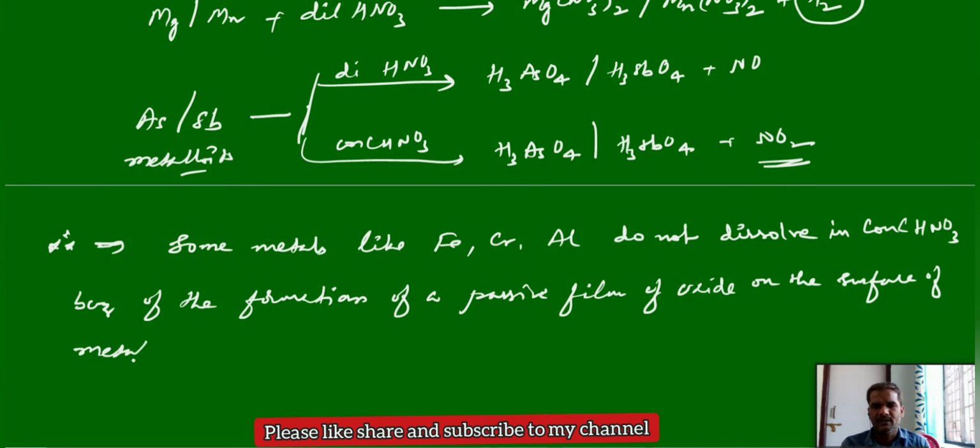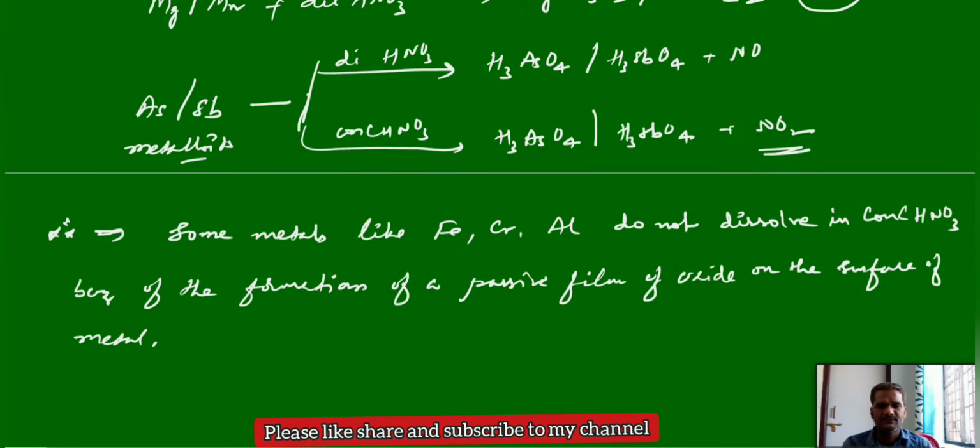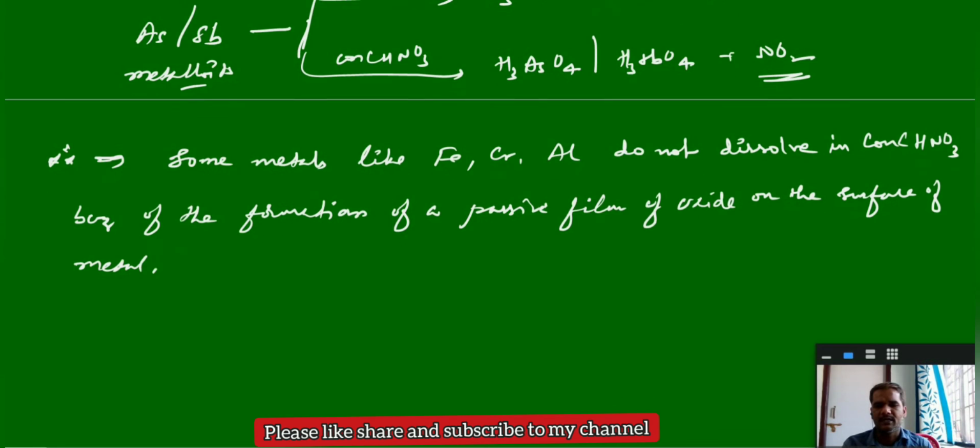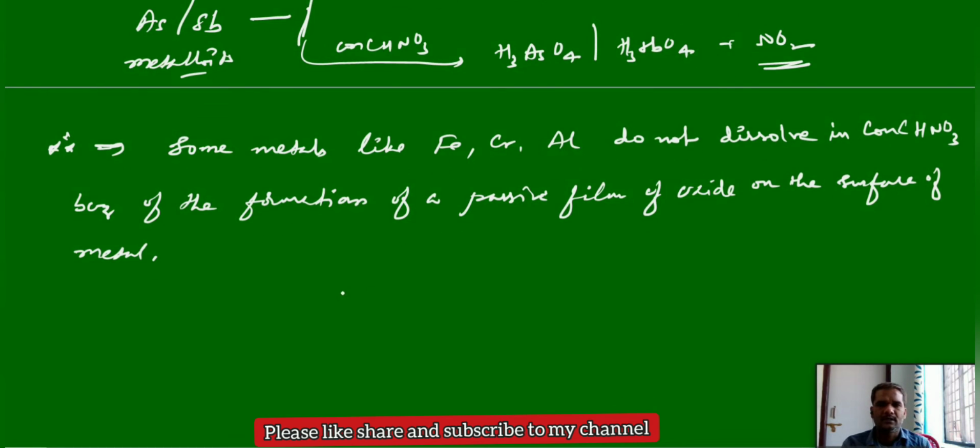So that layer stops the further contact of the metal with nitric acid, and the further reaction can be stopped. That is why they behave passively towards concentrated nitric acid. Let us take, for example, iron or aluminium. Sometimes they will ask you why iron and aluminium show passivity towards concentrated nitric acid.